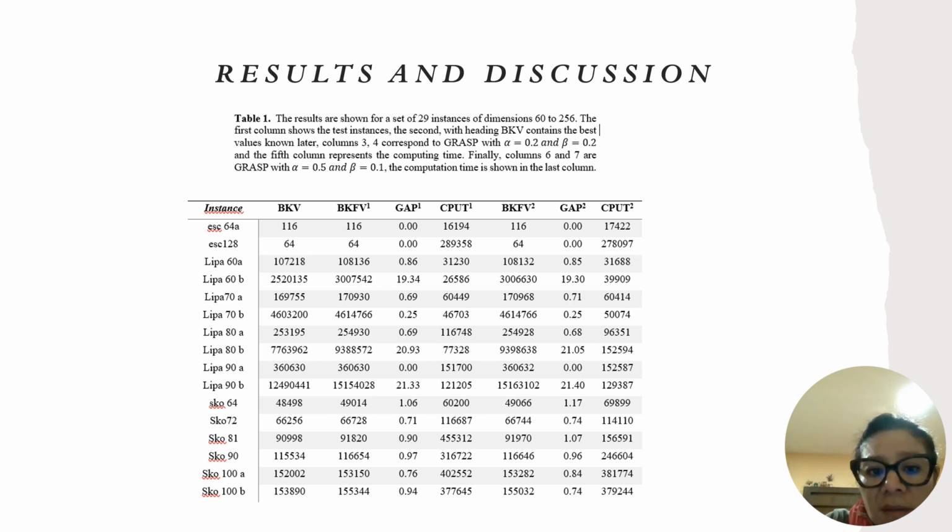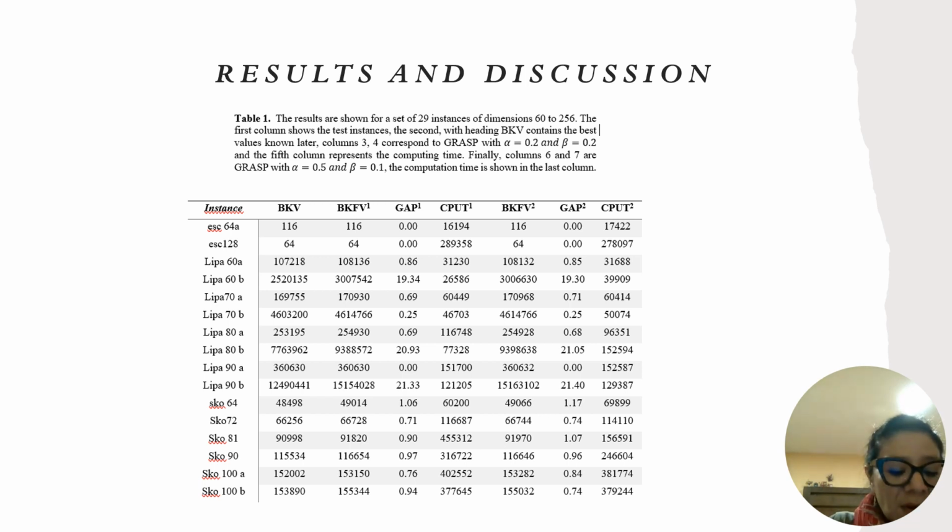The next columns, 3 and 4, correspond to GRASP with the parameters alpha equals 0.2 and beta equals 0.2, and the fifth column represents the computing time. Finally, columns 6 and 7 are GRASP with the parameters alpha 0.5 and beta 0.1. Their computational time is shown in the last column.